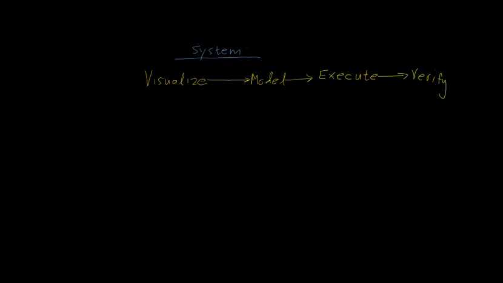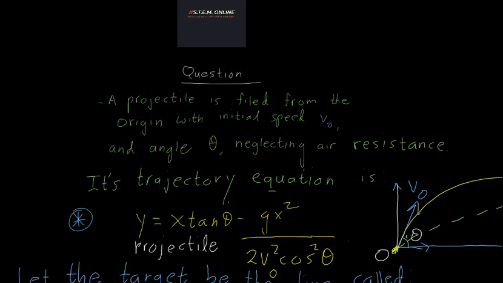So you take the model and transform it into an equation that mathematically represents it, whether it's a physical system or a geometric system. Then you use mathematical techniques to verify. The verifying part is easier. The setting up part of any problem is always difficult. So let's apply my four-step system.